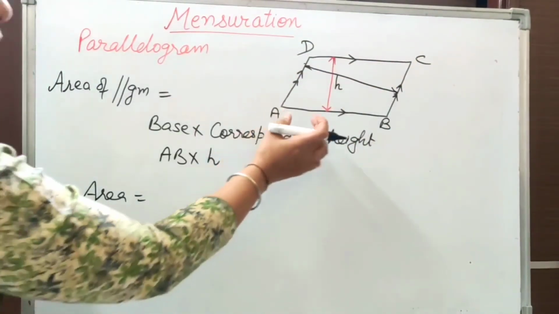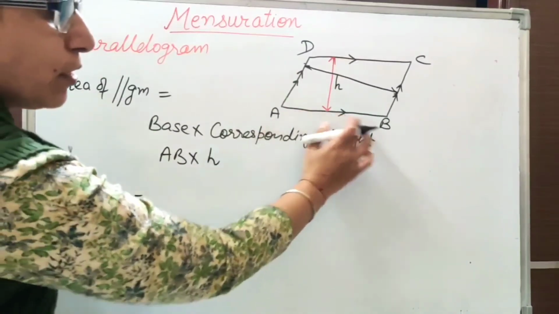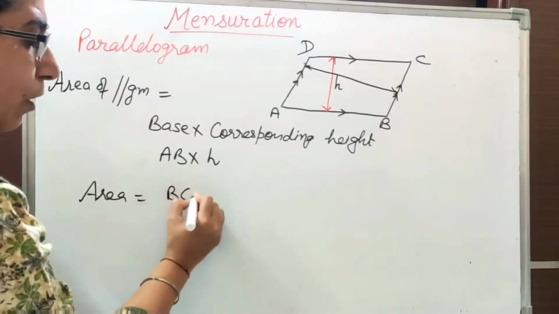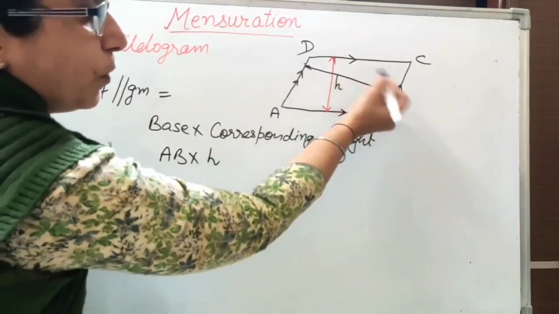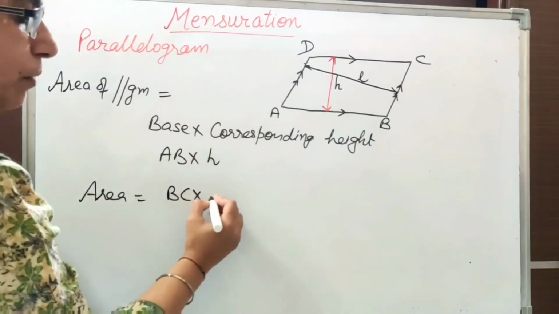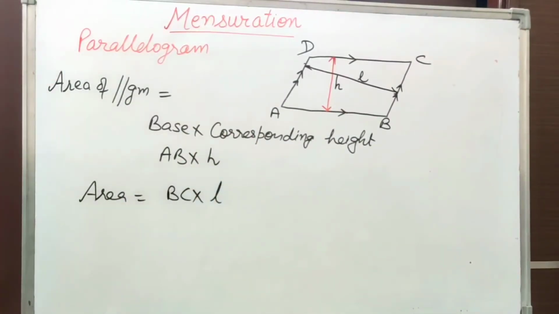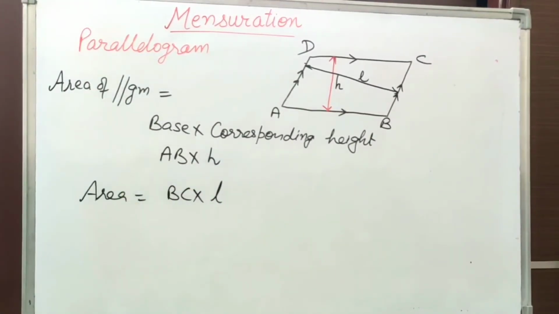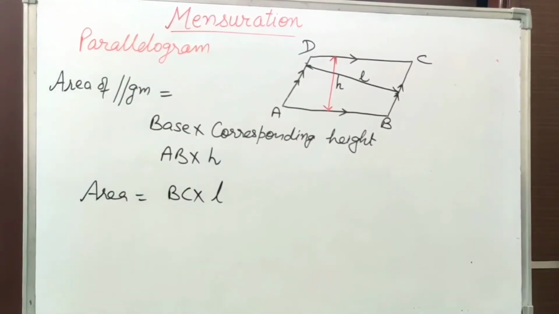So this side BC or AD. BC multiply, in this the height is, let it be L. So BC multiply L is the area of this parallelogram. So area of parallelogram is base multiply corresponding height.